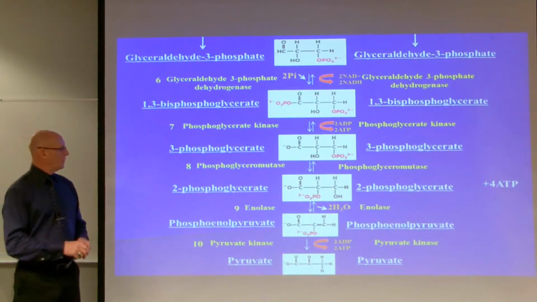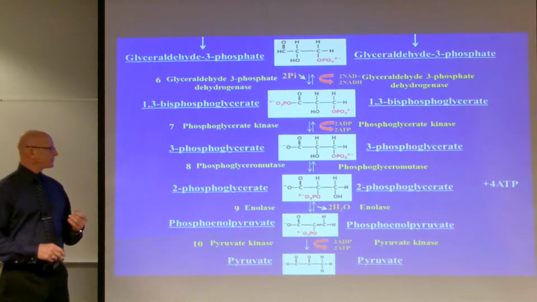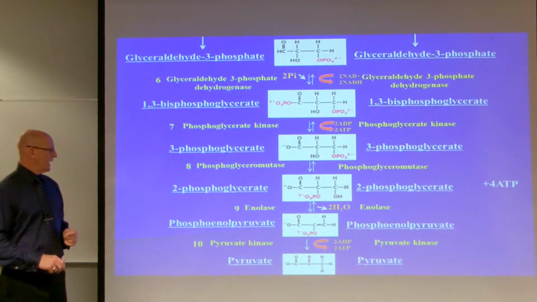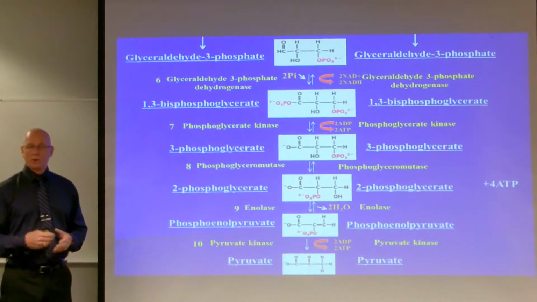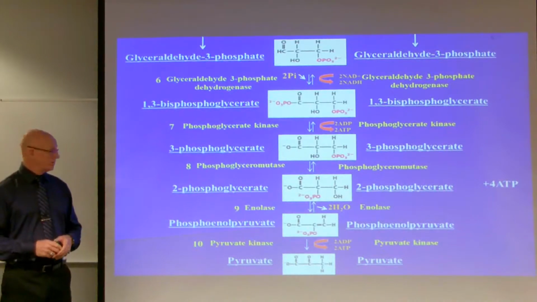And that way we are taking out a couple hydrogens and an oxygen, and that way we're ending up with a double bond. So that will leave us with phosphoenolpyruvate. They shorten this to PEP, phosphoenolpyruvate.